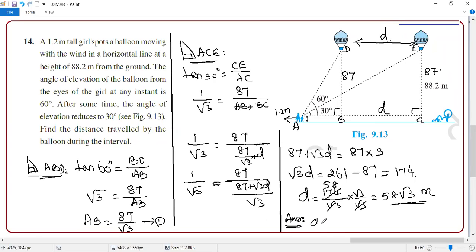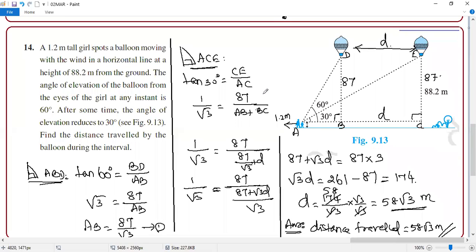Hariharan, can you check? Distance traveled equal to 58 root 3 meter. Right? Have you checked that? Is the answer correct? Sir, checking, sir. Yeah, right. Okay, so answer is correct, right?